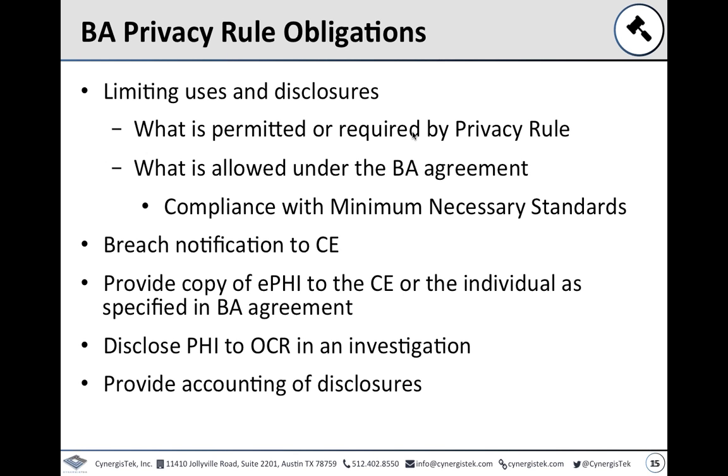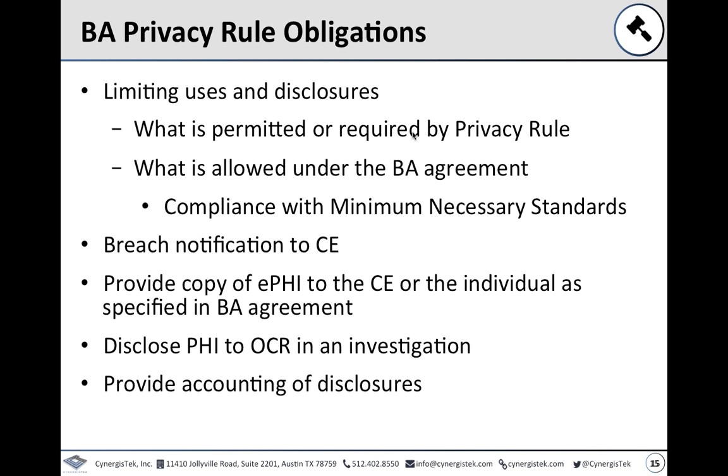And the business associate must also be in a position to provide a copy of PHI to the covered entity or the individual as directed in the business associate agreement. And the business associate agreement must also require that the business associate is required to disclose protected health information to HHS if it's performing a compliance review or a complaint investigation.